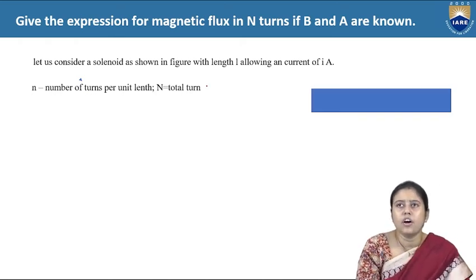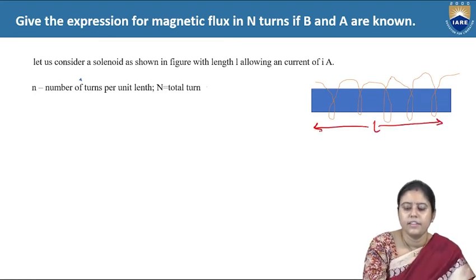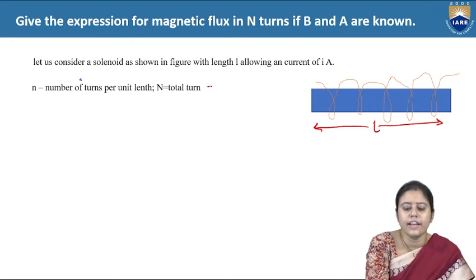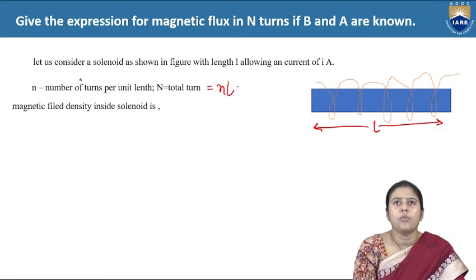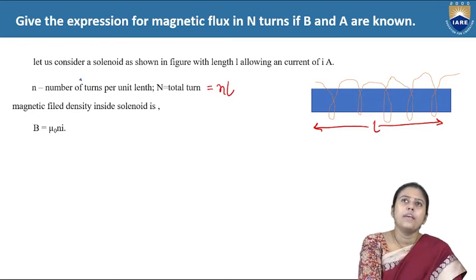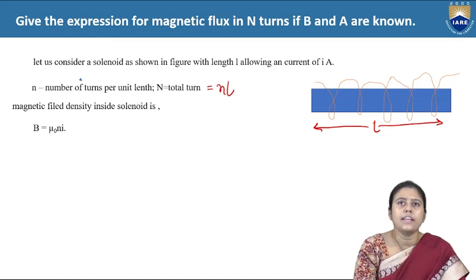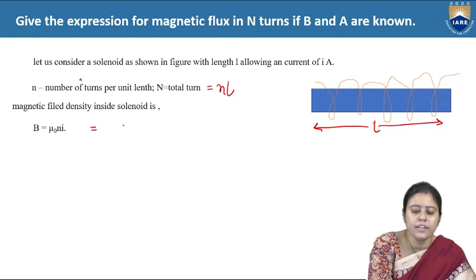If the total length of the solenoid is L, we can take N equals n into L. What is the magnetic flux density inside the solenoid? Already we have discussed, B equals mu naught n I. Putting in the value of n, we can write mu naught capital N by L into I.